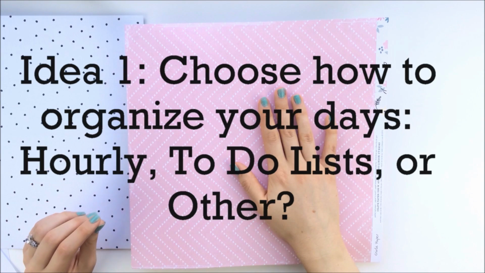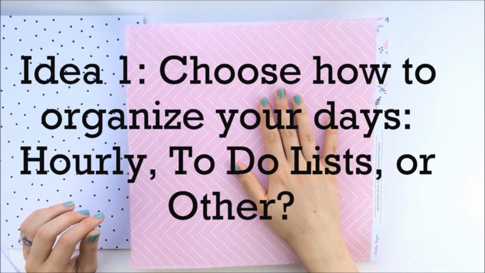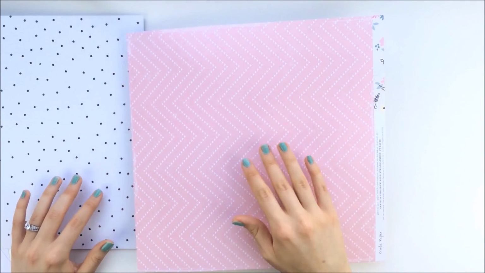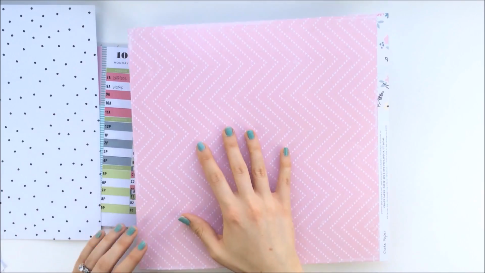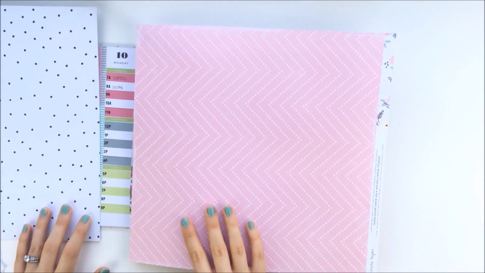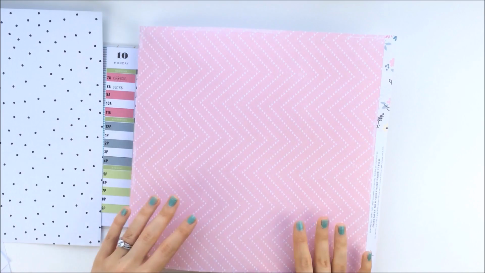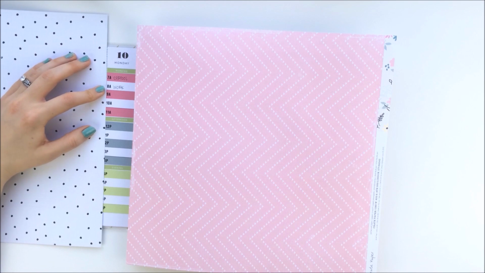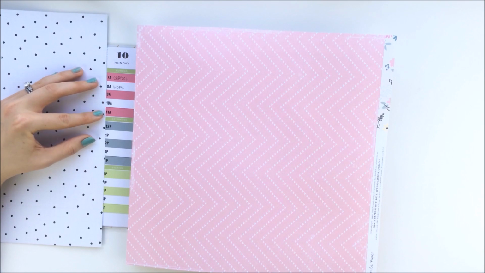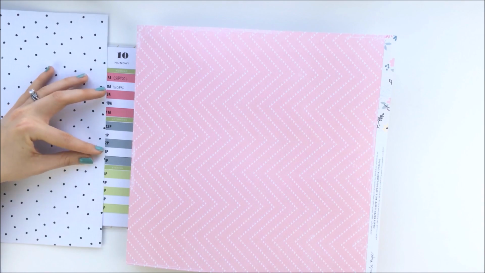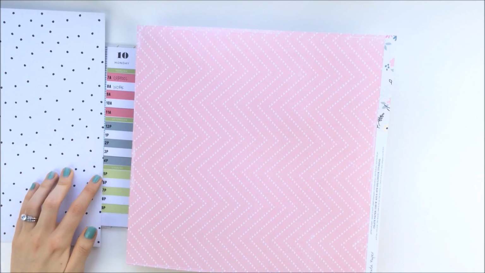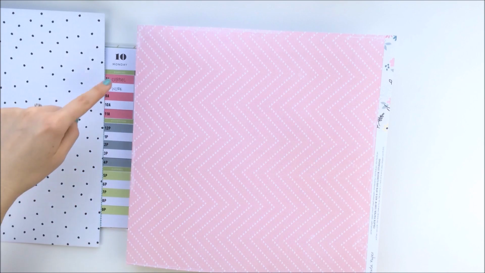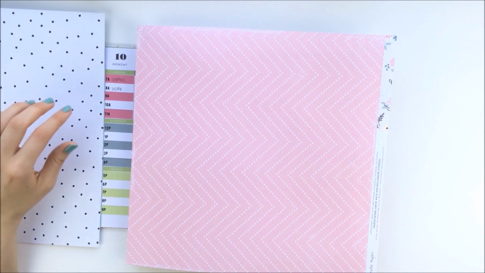So if you have a very fixed schedule, then you'll want to use an hourly schedule. So this, for example, is what an hourly schedule would look like, where we have 7 a.m., 8 a.m., 9 a.m., 10 a.m., 11 a.m., then you move down to the afternoon, 12 p.m. to 4 p.m., and then evening, 5 p.m. to 9 p.m. And you just write in each of your tasks and you check them off once you're done.